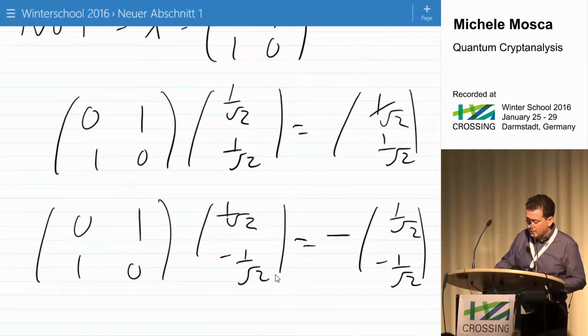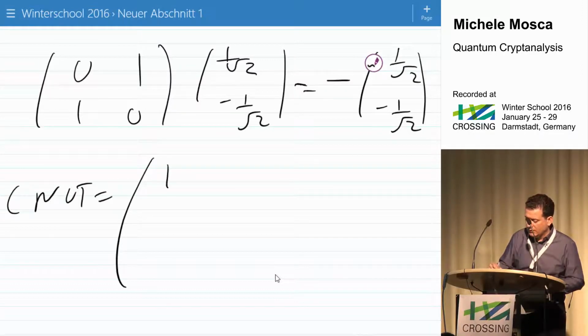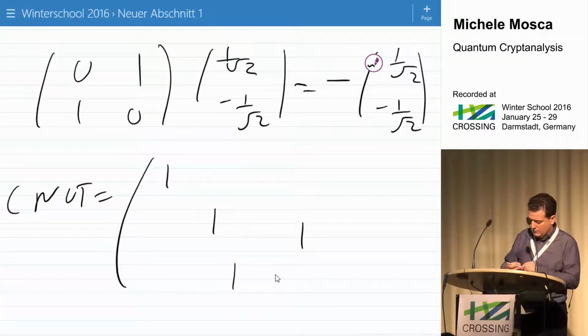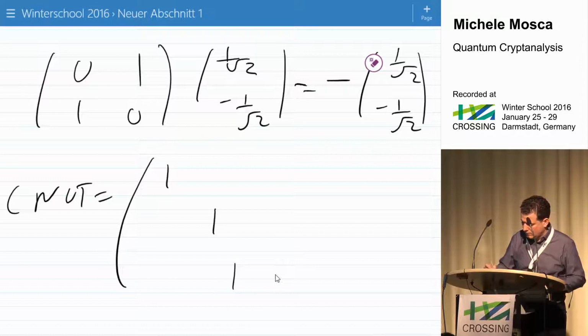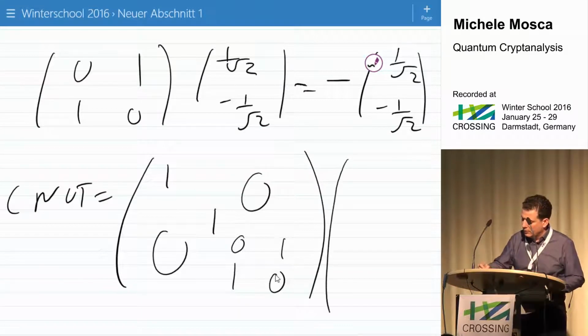Again, if you wish, you can write C naught as a matrix. Looks like this. You can see it maps 0, 0 and 0, 1 to themselves, they stay the same, and then 1, 0 and 1, 1 get swapped.